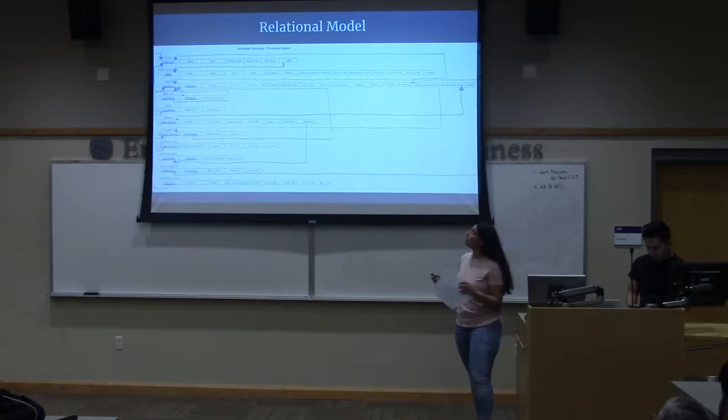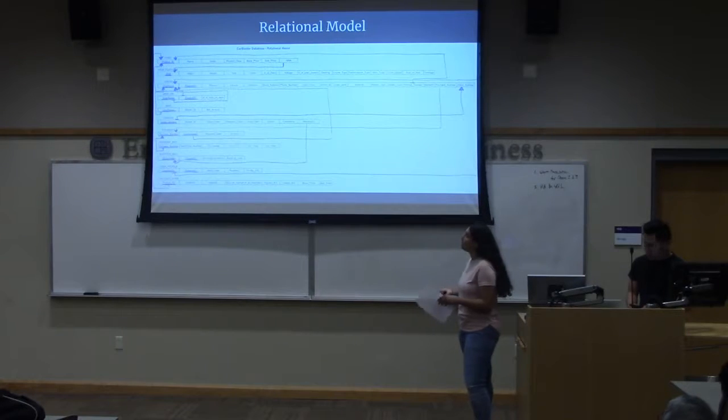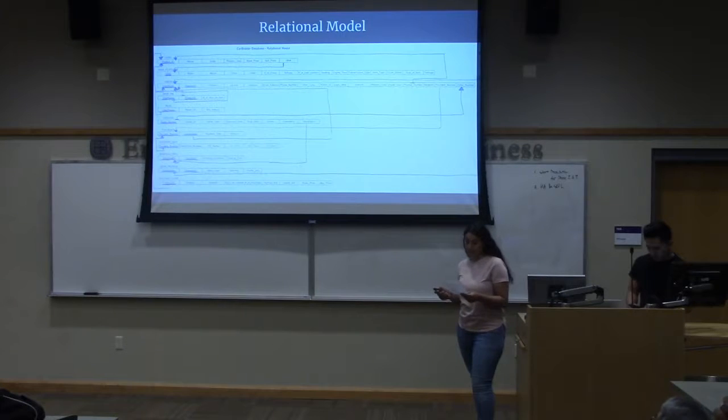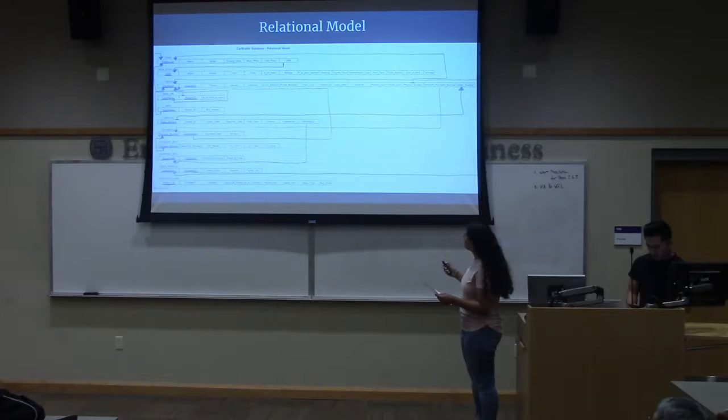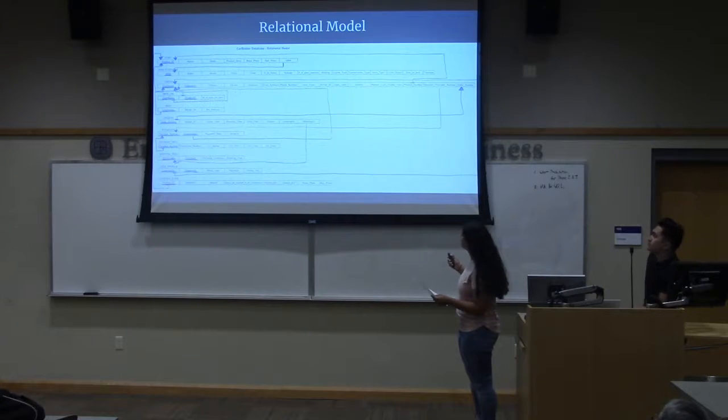So this is our relational model, and it basically diagrams the enhanced entity relation model. But one thing to note is for our users, we've modeled it using option 3 because the cases overlap, because one user can be multiple different things: admin, seller, or bidder. So you can see at the end here we have the user type, and it could be either admin with these attributes, bidder, or seller with these attributes.